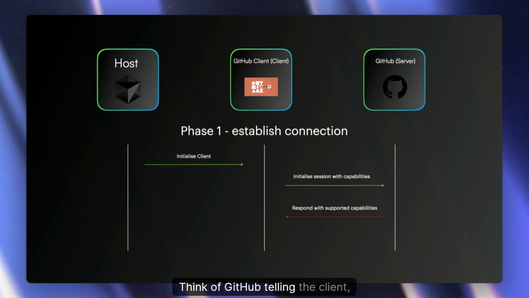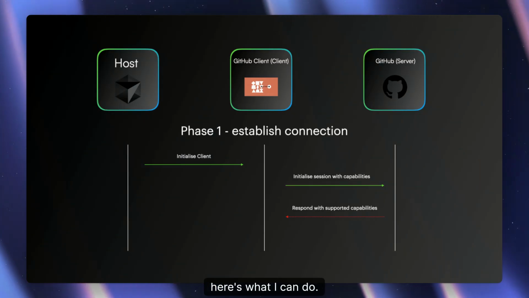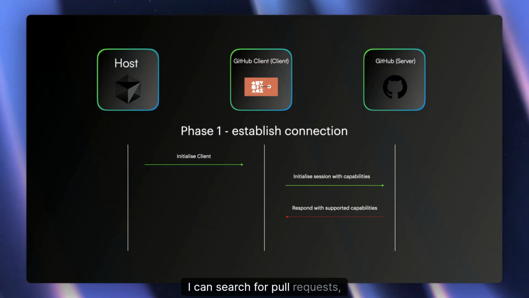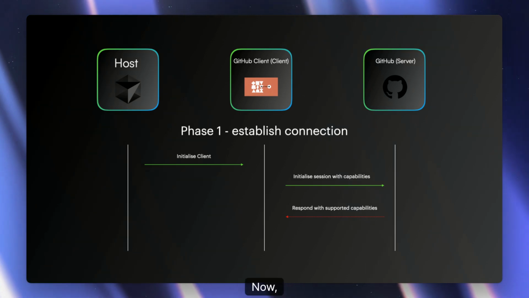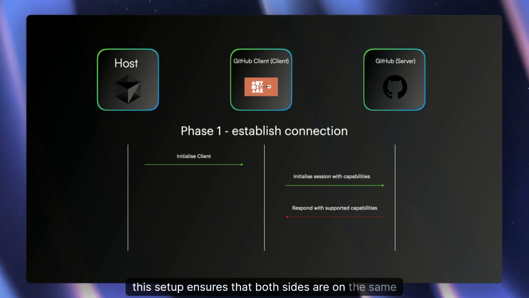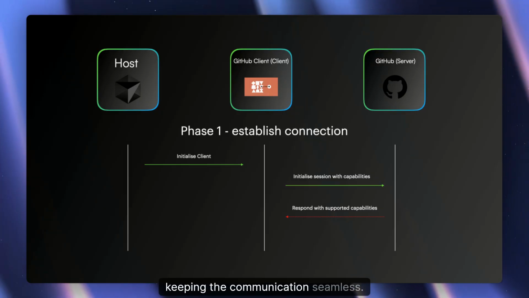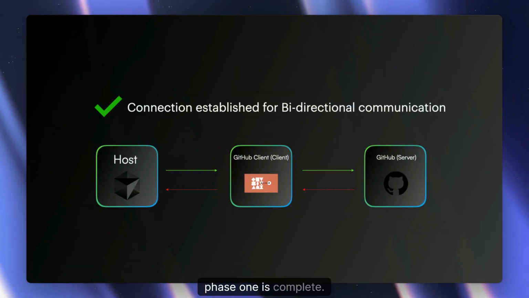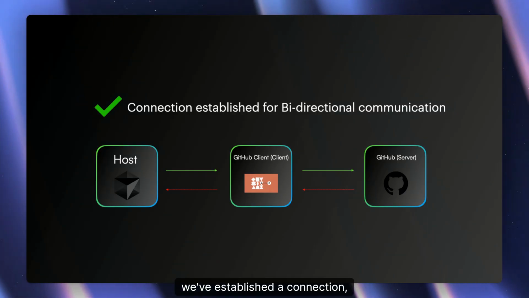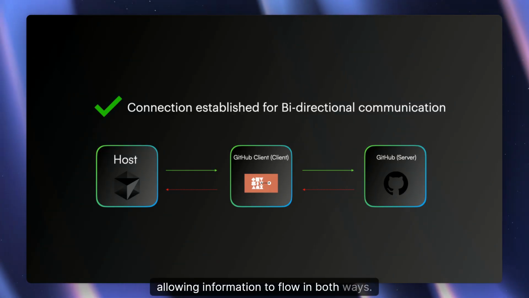Think of GitHub telling the client, here's what I can do. I can search for pull requests, track issues, fetch commits, you name it. Now, this setup ensures that both sides are on the same page, keeping the communication seamless. And with that, phase one is complete. We've established a connection, allowing information to flow in both ways.